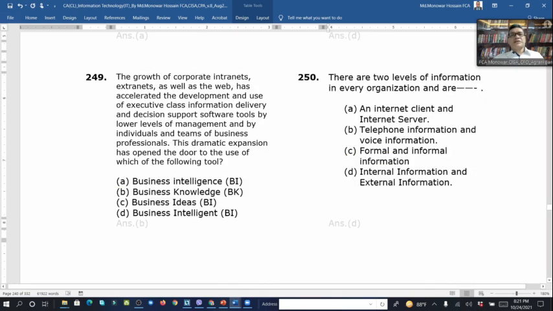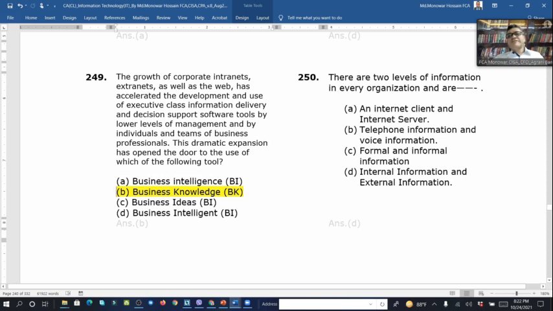The growth of corporate intranets, extranets, as well as the web has accelerated the development and use of executive class information delivery and decision support software tools by lower levels of management and by individuals and teams of business professionals. This dramatic expansion has opened the door to the use of which of the following tools? The answer of this question is business knowledge.